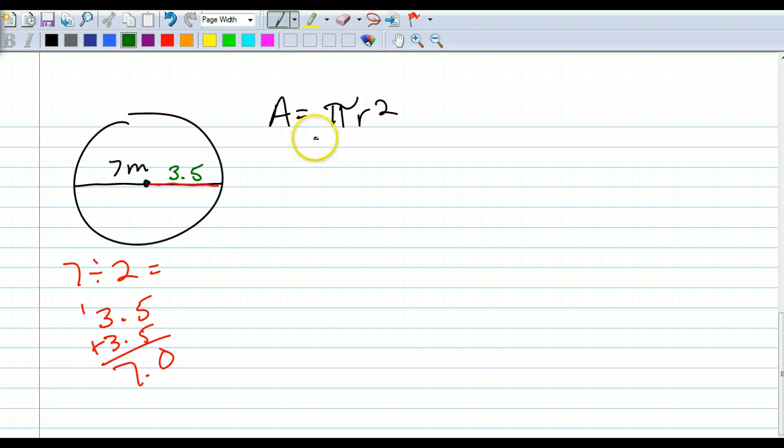Now I can work out my problem because I've got 3.14 times 3.5 squared. All right, so on your calculator, 3.5, and you have to square it. And so that's going to be 12.25.